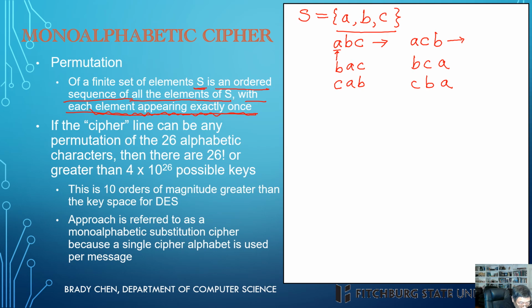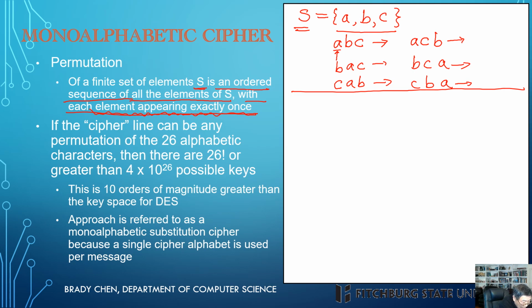Is there any other sequence we just missed? It looks like that's pretty much all the sequences. So for S, there are a total of 6 different permutations. Okay. So now let's talk about this.